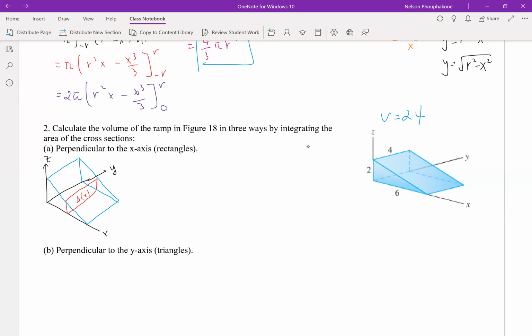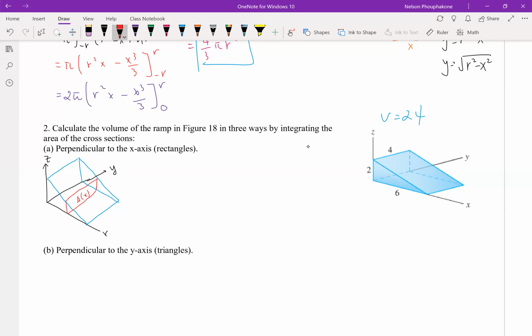Of course, in this case right here, how do we actually set up the volume? We know that we would like to integrate between 0 and 6, and then I will have a of x dx. So how do we find a of x?